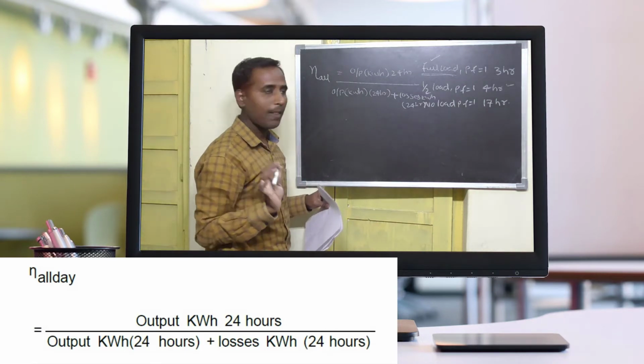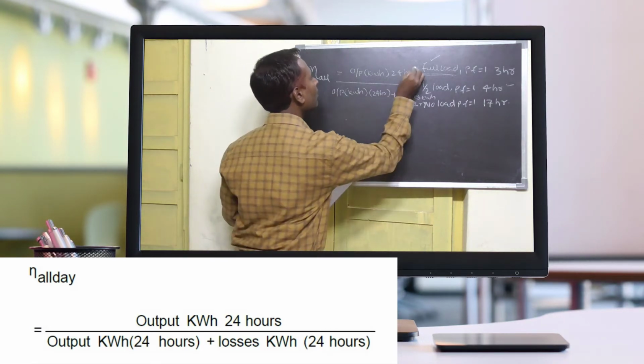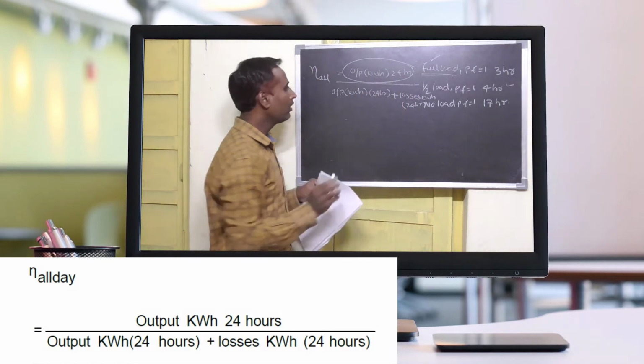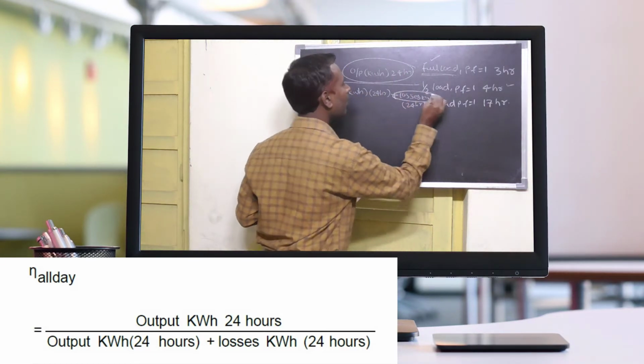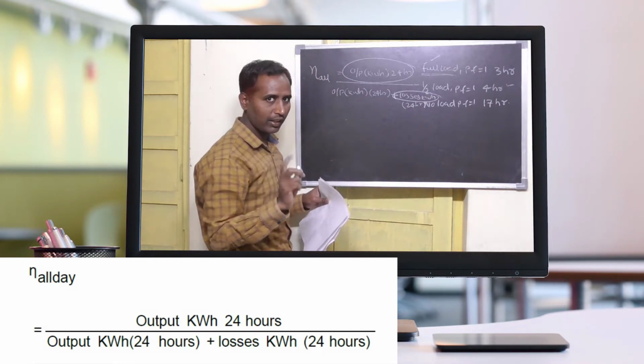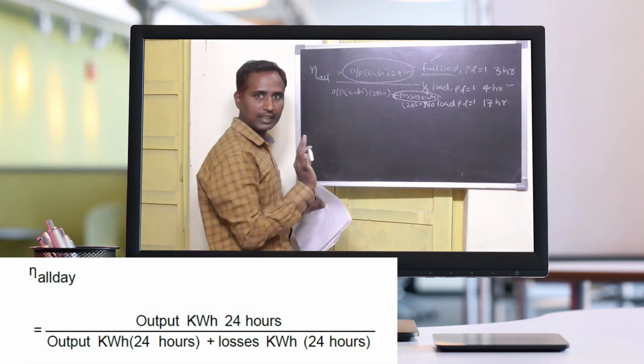This is the formula. So here we have to find out the output in 24 hour and the losses in 24 hour. This is concept 1. This is clear?